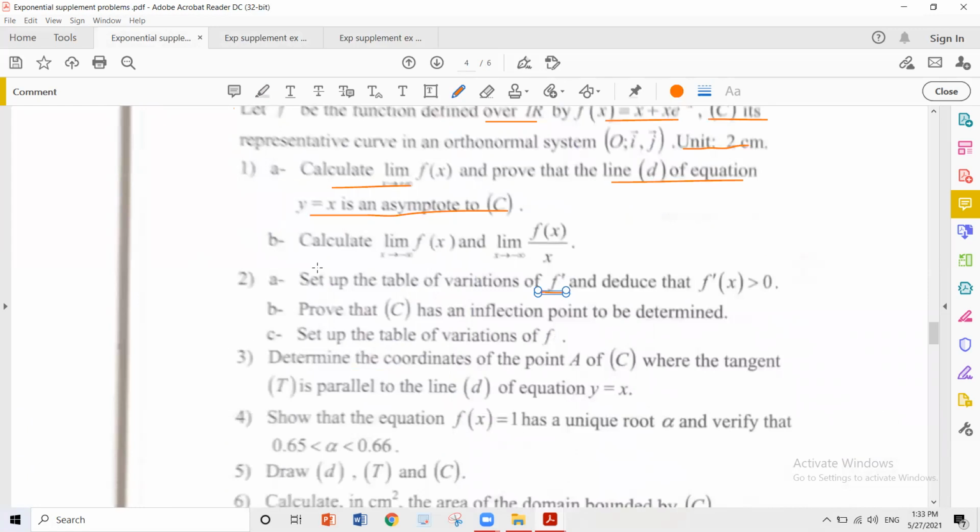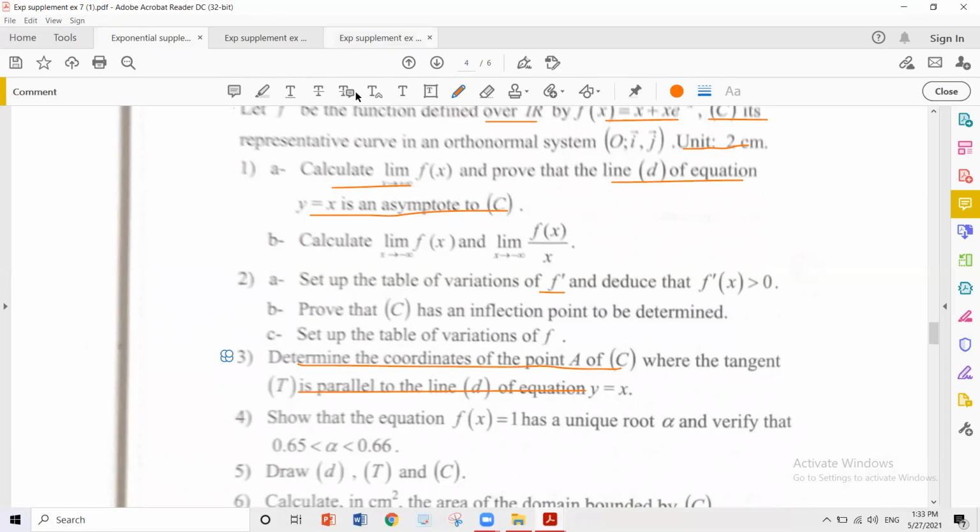Part 3. Determine the coordinates of the point A on C where the tangent T is parallel to the line D. Two lines are parallel if they have the same slope.